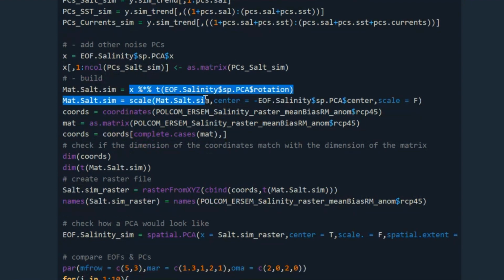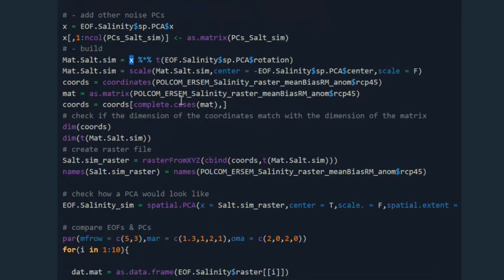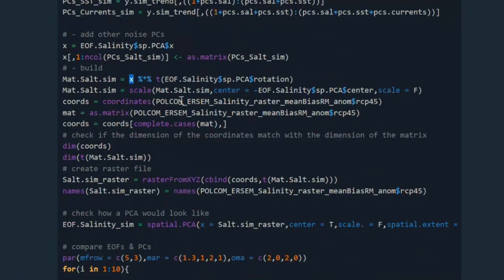Here, I rebuild those fields by using the loadings of the PCA and doing a matrix multiplication with the scores, or the PCs.